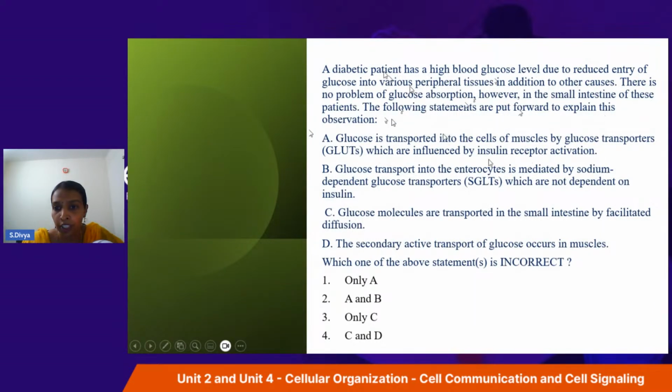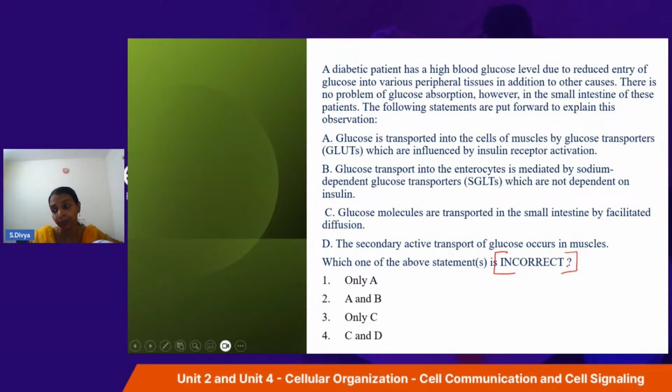Glucose is transported into the cells of muscles by GLUT transporters influenced by insulin receptor activation, or the glucose transport is mediated by SGLTs not dependent on insulin, or by facilitated diffusion, or secondary active transport occurs in muscles. Now here also you have to identify the incorrect statements.